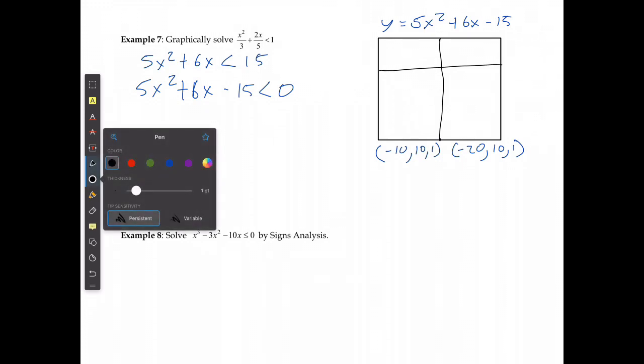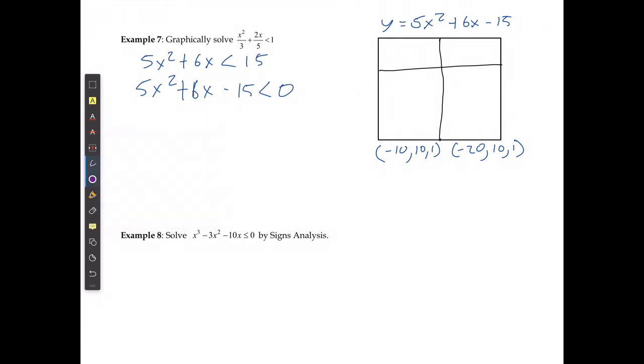And when I graph out my function, then I'm going to have the two intercepts. One is going to be at negative 2.433 and 0.